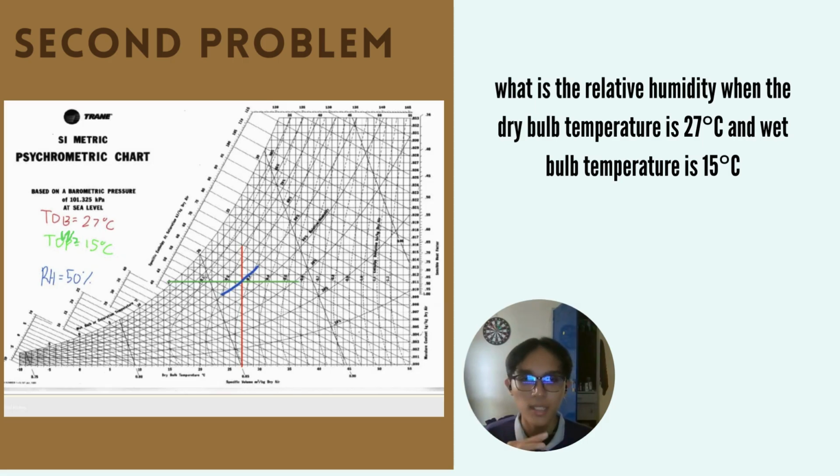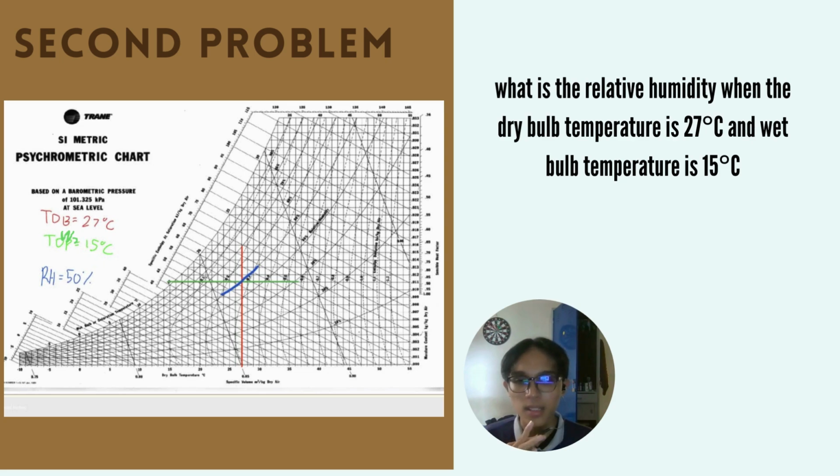For the second question, what is the relative humidity RH when the dry bulb temperature TDB is 27 degrees C and wet bulb temperature TWB is 15 degrees C? So how do we find that? First, we draw a vertical line upward at 27 degrees C. That is the dry bulb temperature.